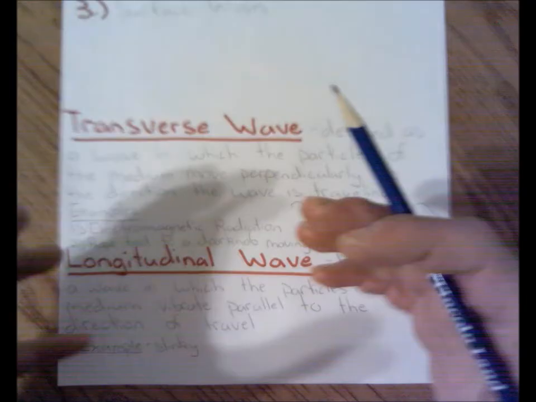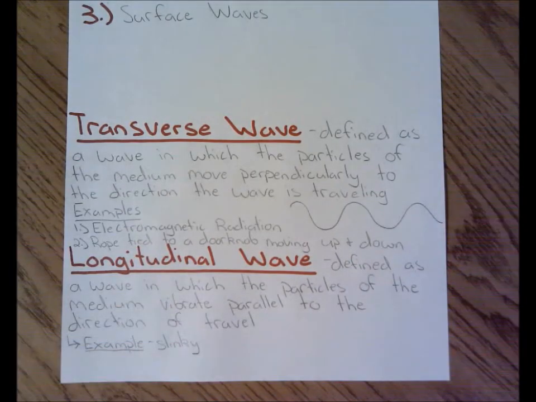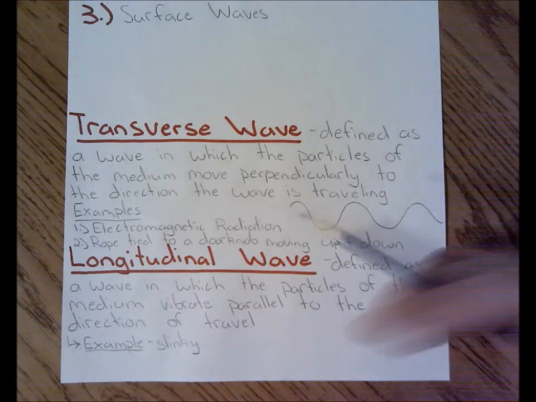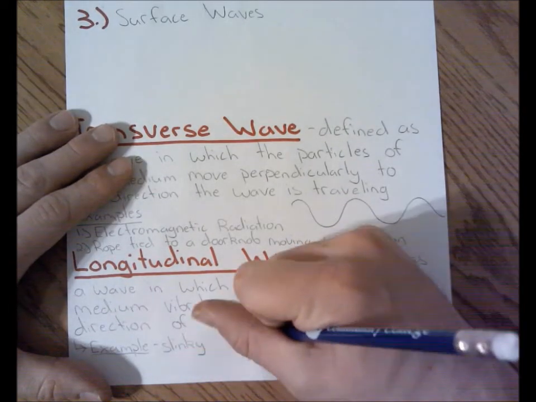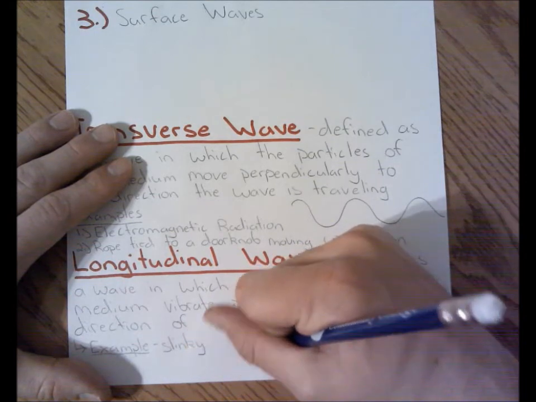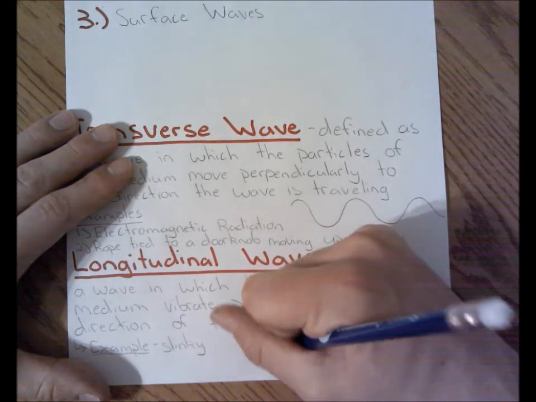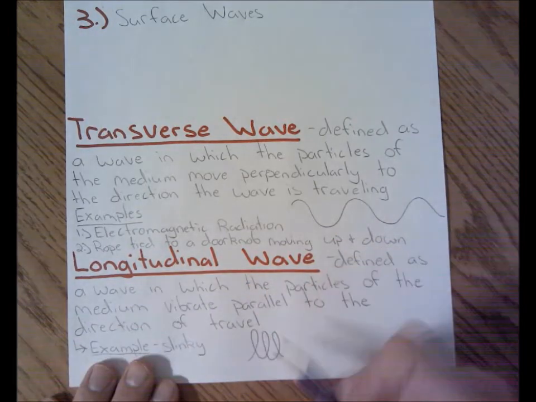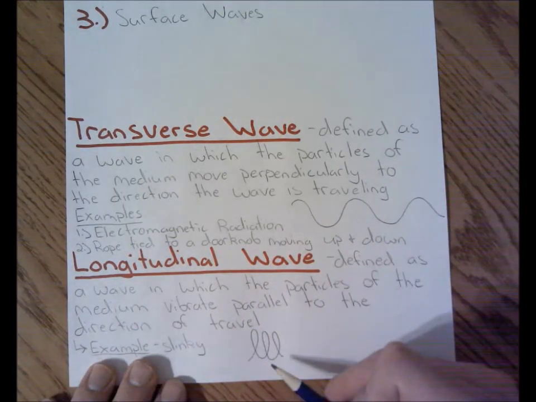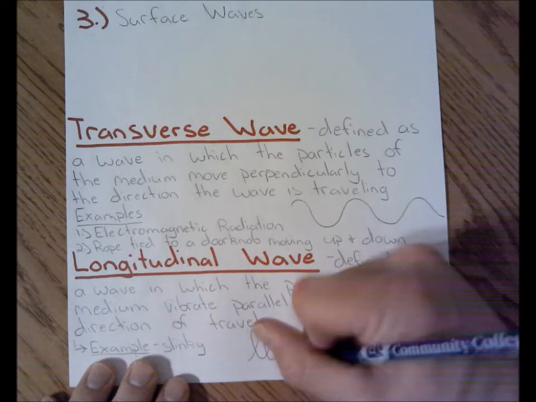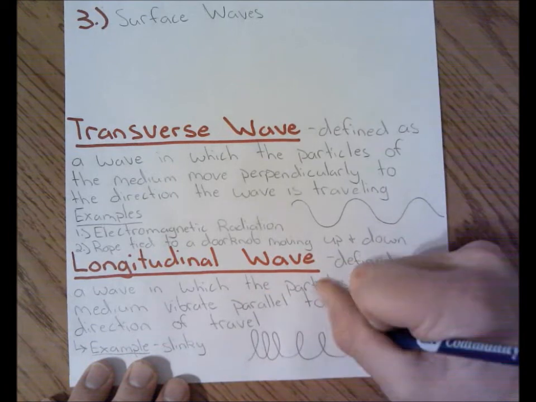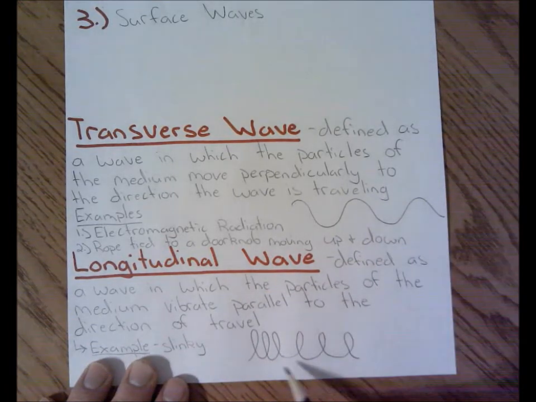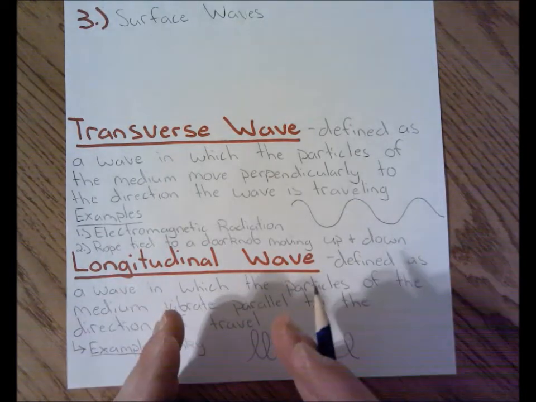So let's draw a picture of this and I can explain what we have. As we have this slinky, it is going to be pushed together. The spring of the slinky is going to be pushed pretty close together, and then it's going to widen out. If you can't tell from this picture, as it moves from one place to another, it squeezes, which we call the compression, and then it stretches out, which we call the rarefaction.